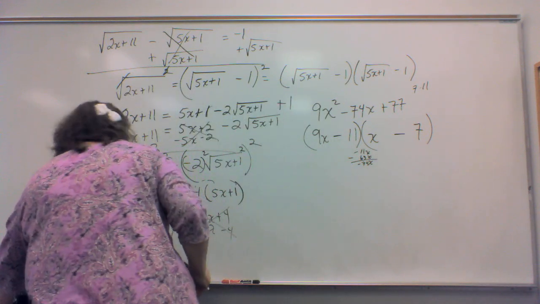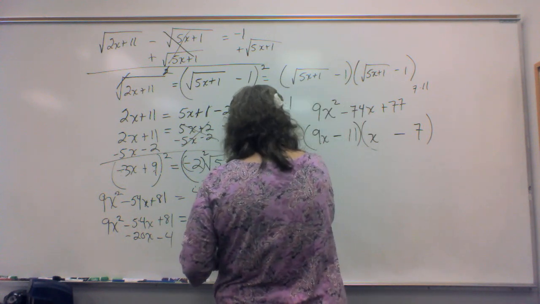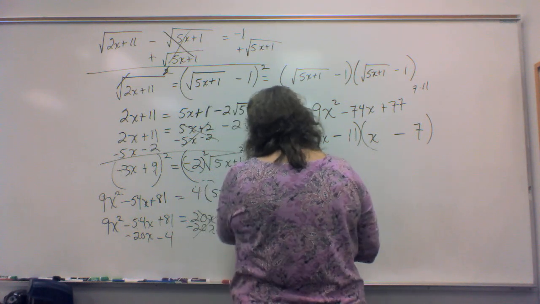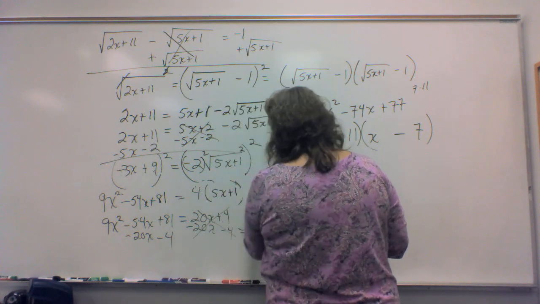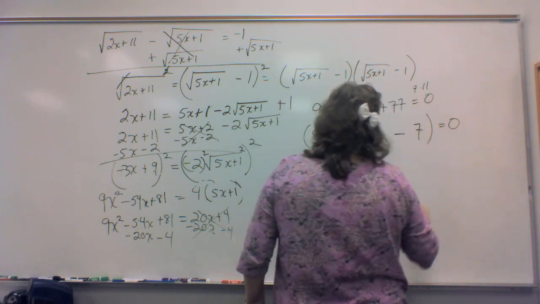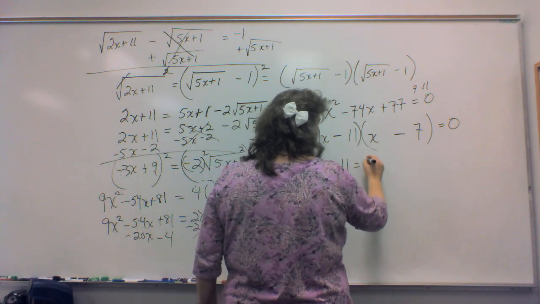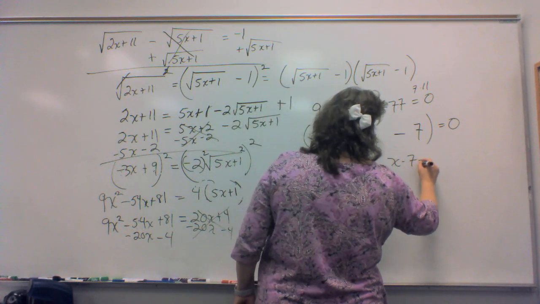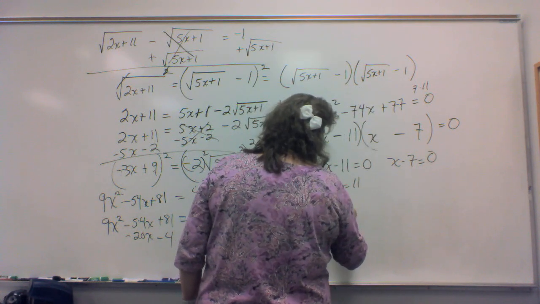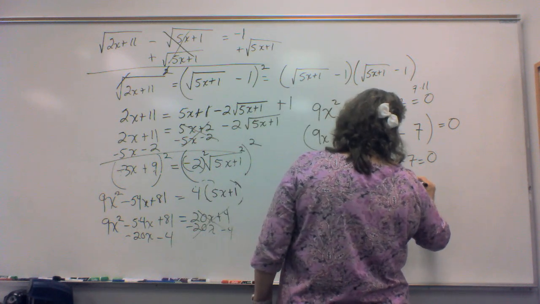Exactly what we need. So, this is all equal to 0. Now each one of these equal to 0. So 9x is equal to 11, x is equal to 11 ninths, and x is equal to 7.